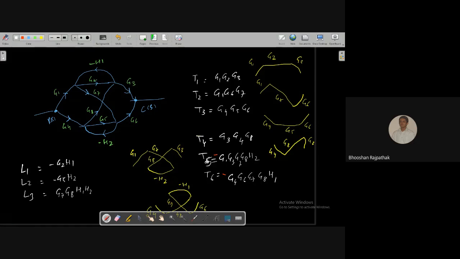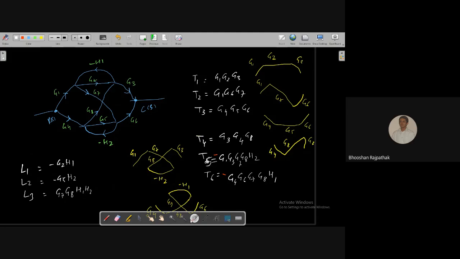So I will suggest you draw this kind of diagrams, sketches, though I am not drawing here. But one loop is G7 H2 G8 H1. So G7 G8 H1 H2. And then the small loops, these are okay, G2 H1 and G5 H2. Okay, so these are the 3 loops.